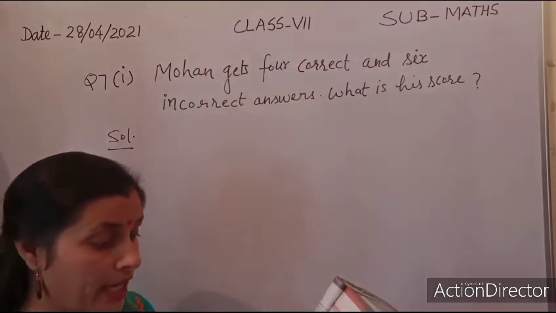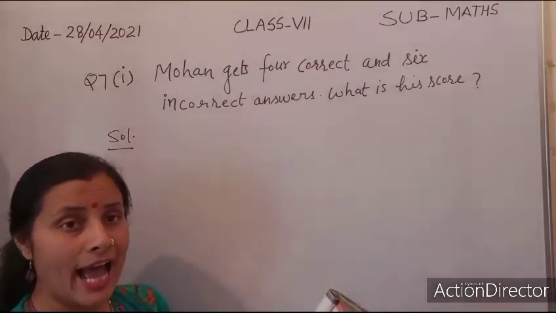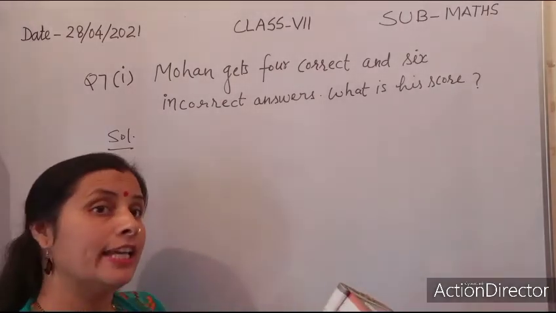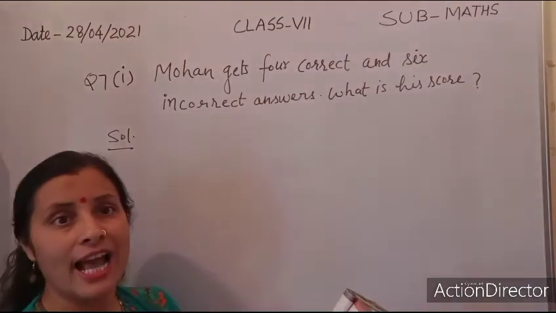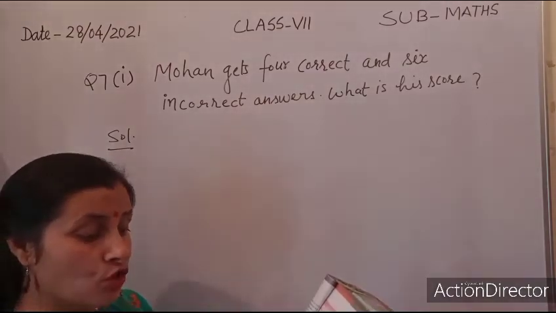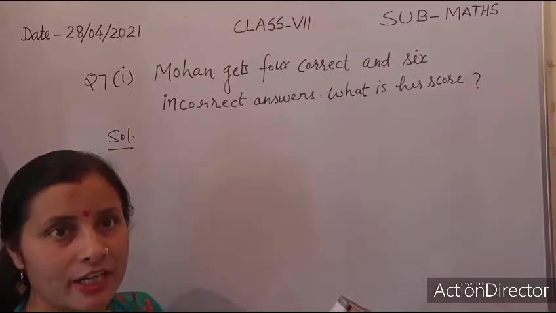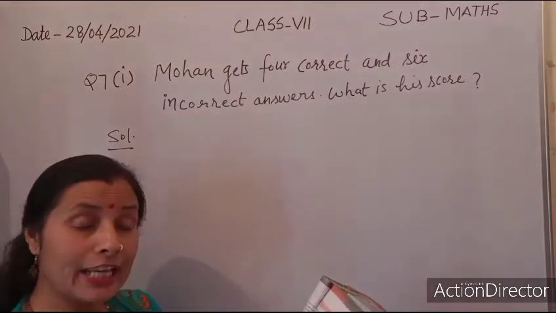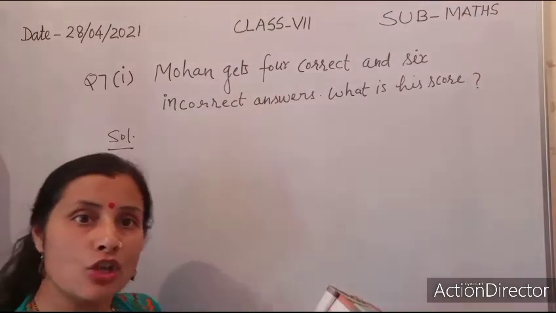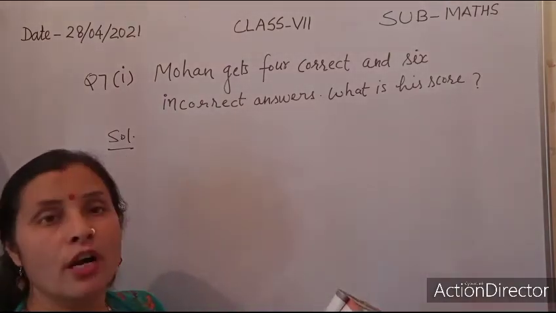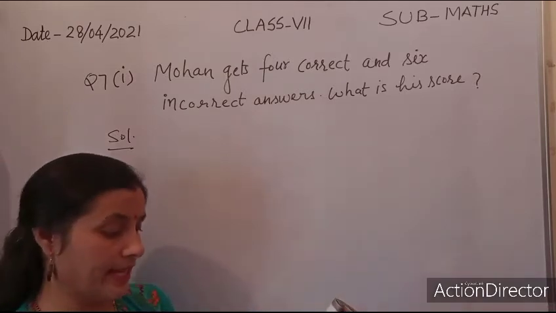If the child has done a question correctly, he gets 5 marks. If incorrectly, minus 2 marks are deducted. If he has not attempted a question, he gets 0 marks. Understood? This is the sum.